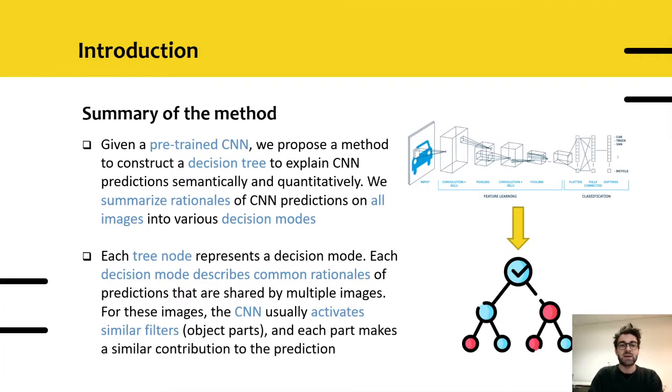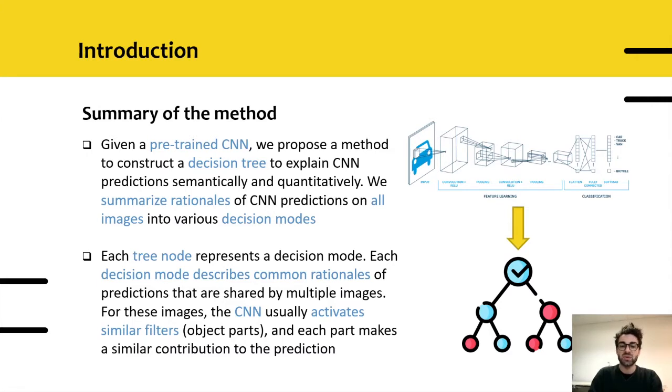So let's do a summary of the method. We have a pre-trained CNN. We propose the method to construct a decision tree to explain CNN predictions semantically and quantitatively. We summarize rationales of the CNN prediction on all images into various decision modes. Each tree node of the built decision tree represents a decision mode.